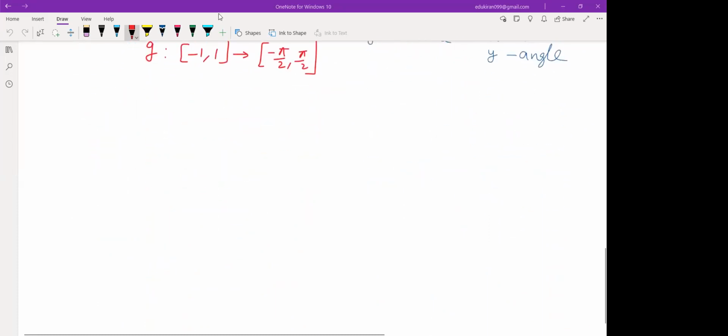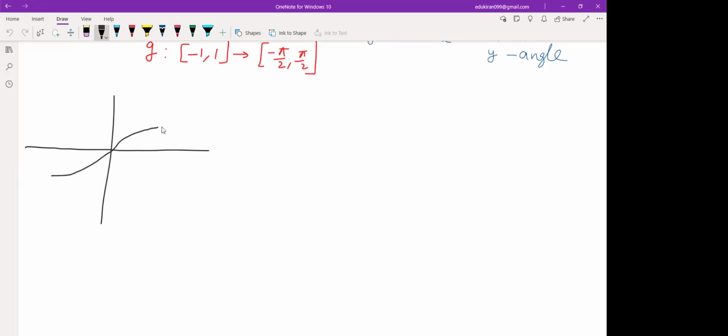So if you get a graph of sine x, which is like this, and you draw a line y equal to x, which is like this, this is y equal to x, and this is y equal to sine x.